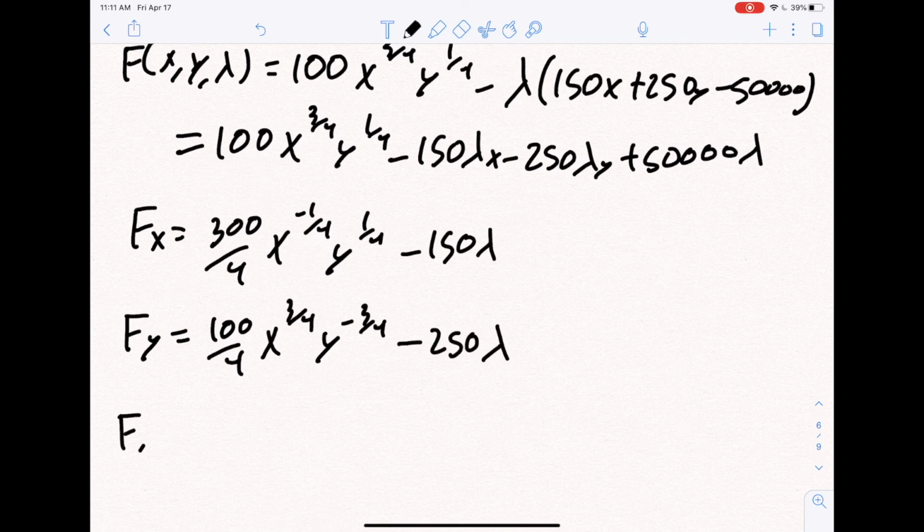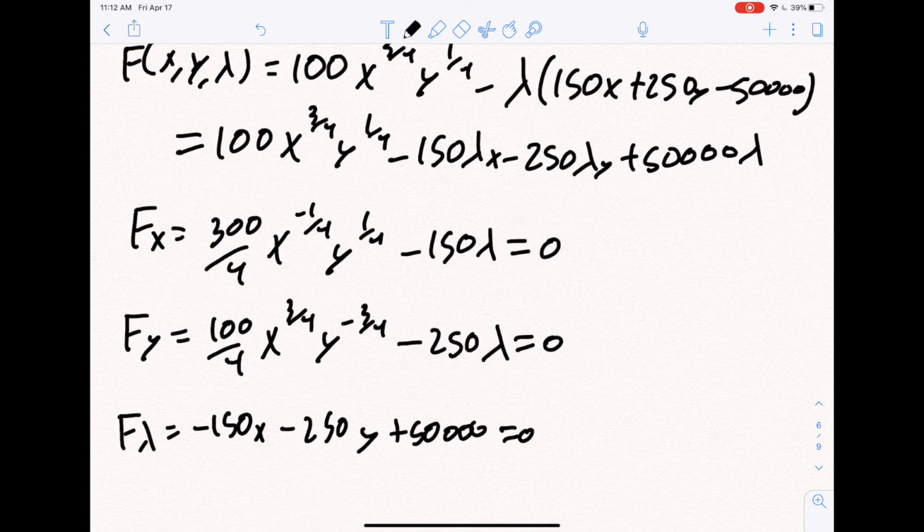And then lastly, f lambda is just whatever's in parentheses up here. So we get minus 150x minus 250y plus 50,000. Again, I'm distributing this negative everywhere and then just writing down. And we set all those equal to 0.